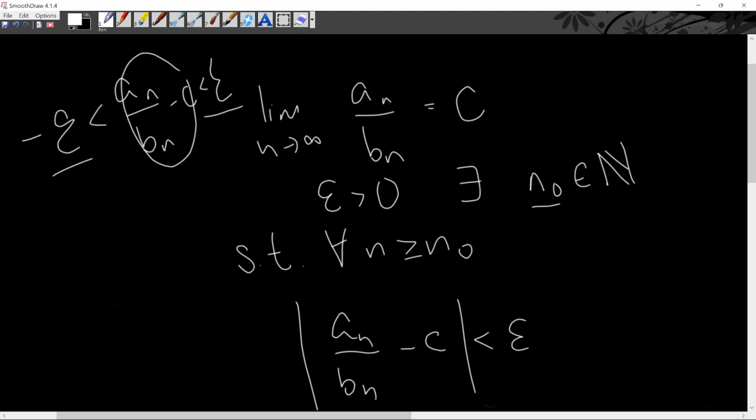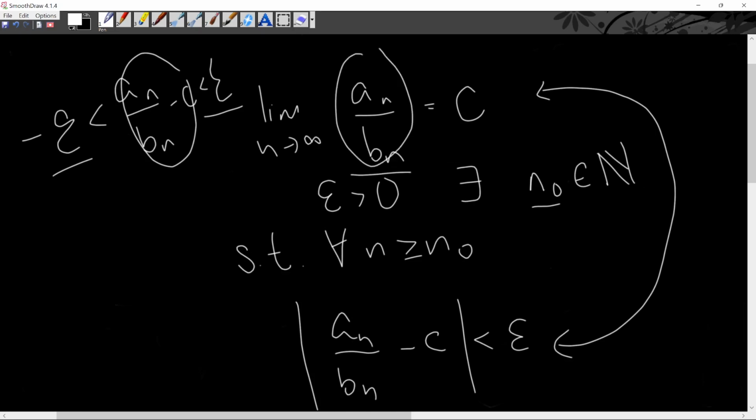So we agree, we're just stating that this is true. And this is, again, the formal definition of a limit. The idea is this is the actual value, if you plugged in infinity for n, and this actual value minus c is less than some arbitrary epsilon, some tolerance.